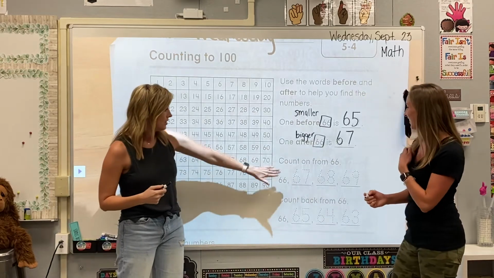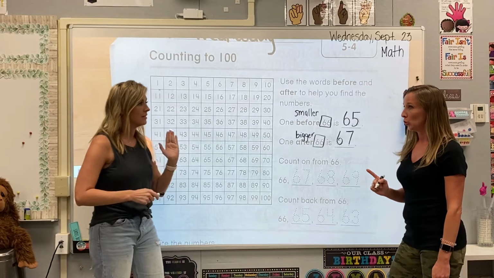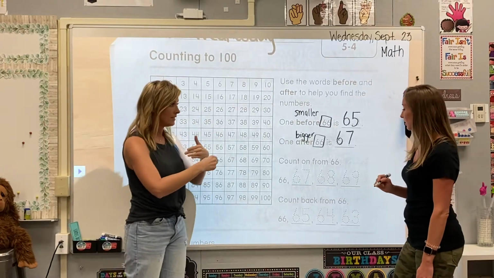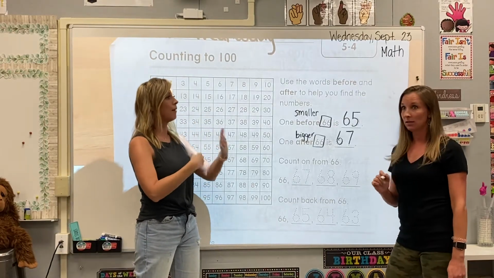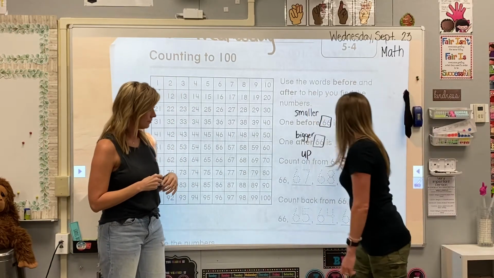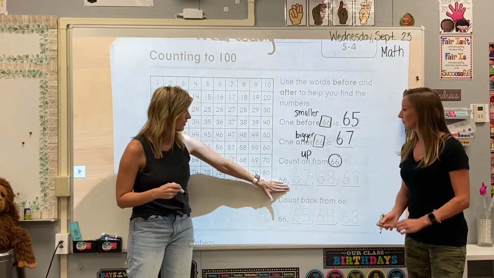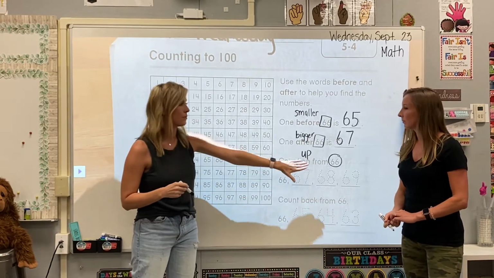All right. So this says count on from 66. Counting on is like when we did addition and we would go up. We would count up, count on. So we're going to count up from 66. You can see the number they give us is over here on the left, and then we have 3 blanks on the right.